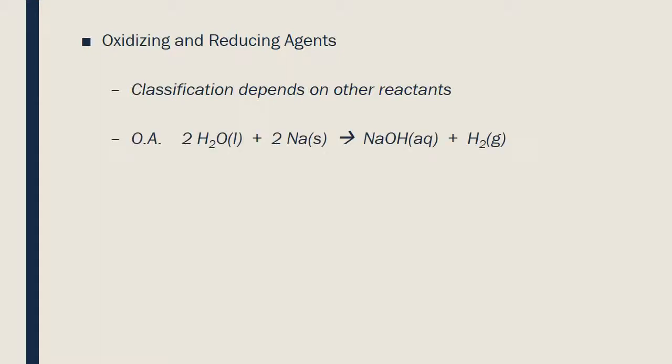So here, we see how water is going to be an oxidizing agent. If you look, H plus, or H, is going to be a +1. We know oxygen's -2; oxygen we don't really care about at this point. Sodium is a reactive metal, so it is going to be a reducing agent, as listed in the previous slide.